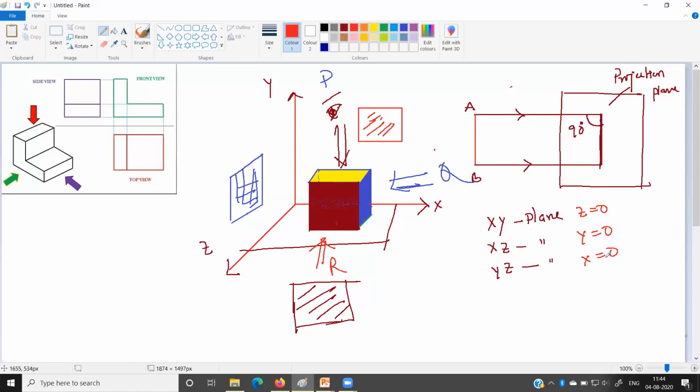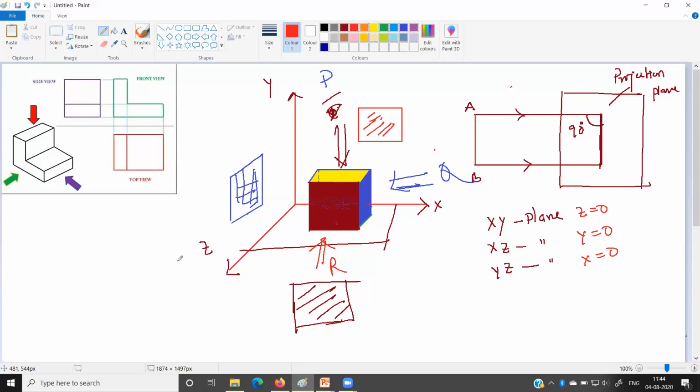So how can we convert this? If any object is given with the coordinates of its points, then by using those points and some transformation matrix, you can create the projection of that object in any one of the planes.